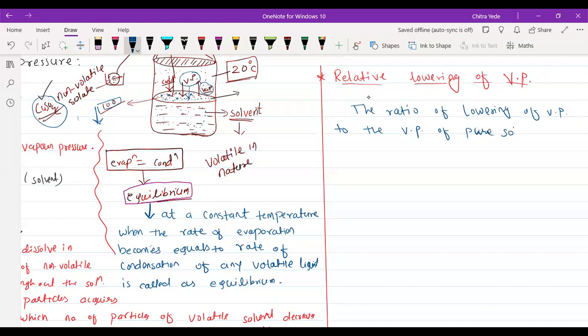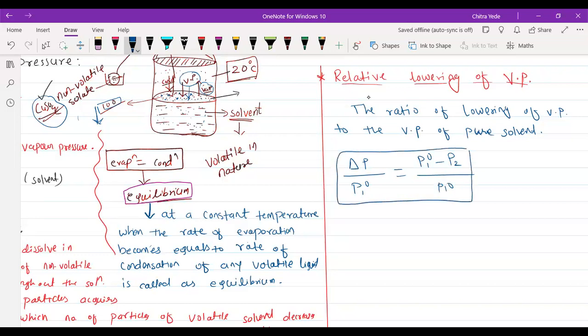That's all. So we just have the formula: delta P, the change in pressure, divided by P1°. What is P1°? The vapor pressure of the pure solvent. Now what is delta P? It is P1° minus P2, right? Divided by P1°. So this formula is for relative lowering of vapor pressure.